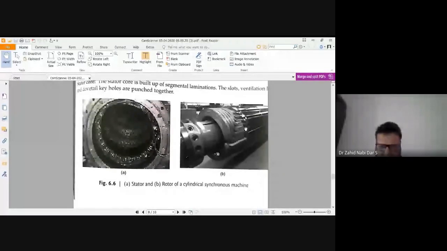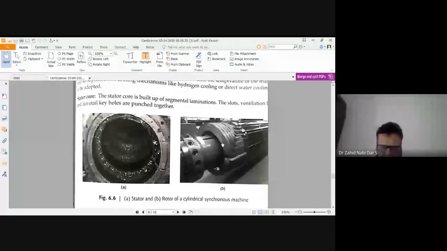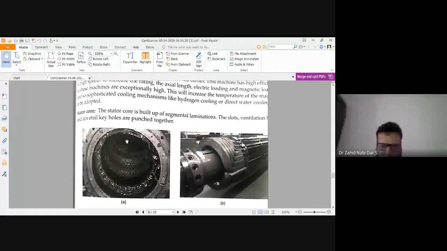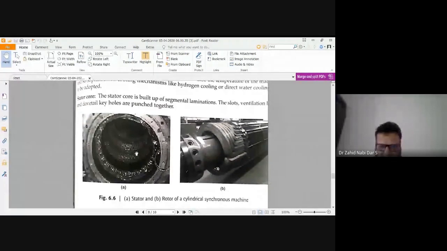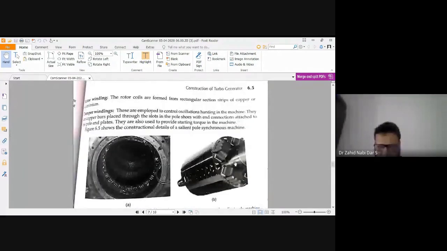This is basically the machine which is utilized in power system generation of power. If you visit a power plant, you can see these windings are not concentrated. These are distributed evenly over the surface, and this is the cylindrical pole, unlike this protruding pole arrangement.